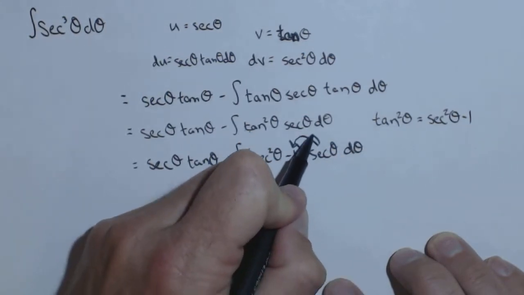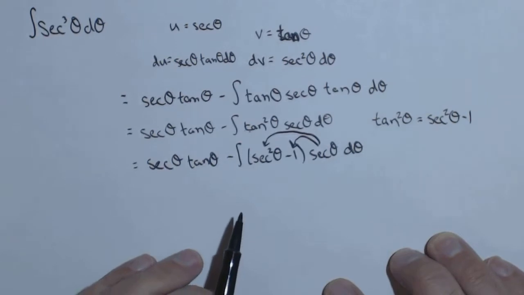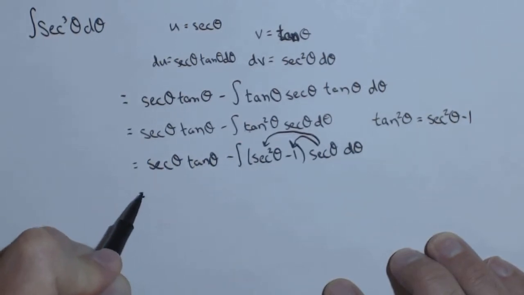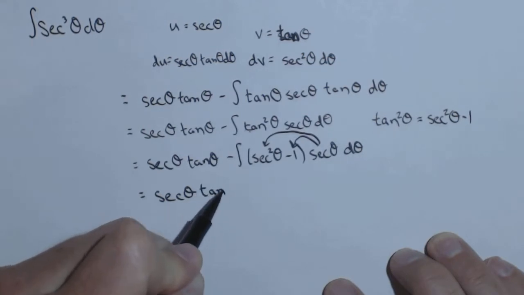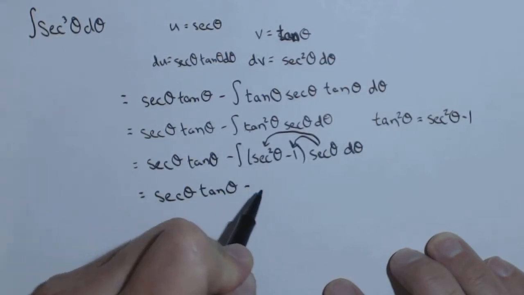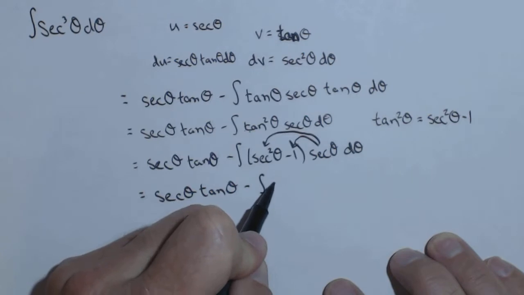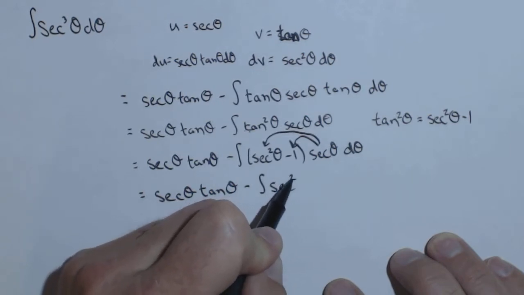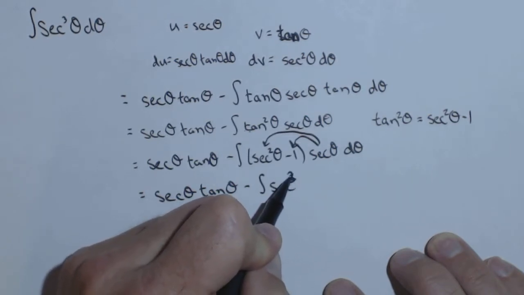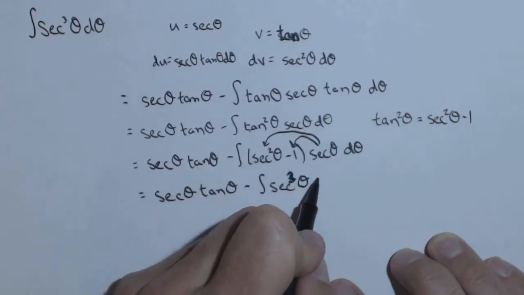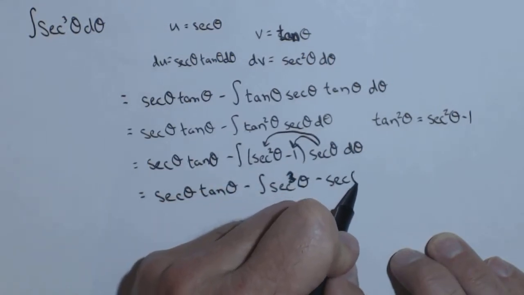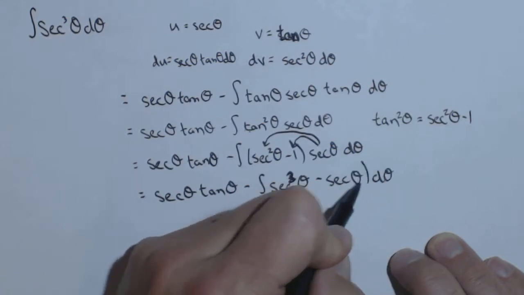Now I'm going to distribute this secant theta and see where I'm at. So I have secant theta tangent theta minus the integral of secant cubed theta, because we got a secant times a secant squared, minus secant theta d theta.